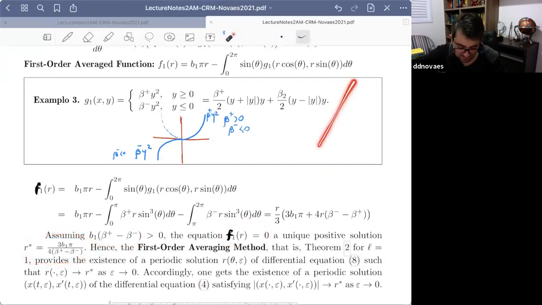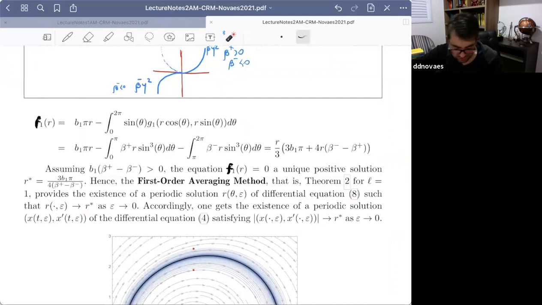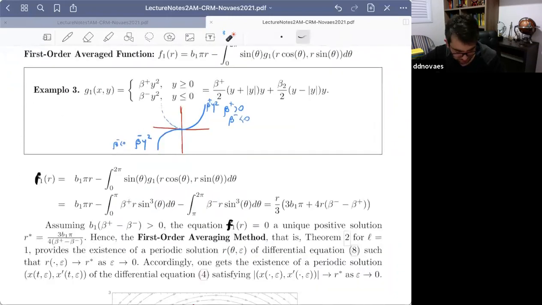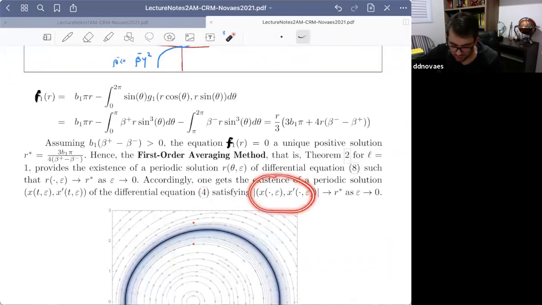So in this case, with less regularity, the first order averaging method, that is now theorem 2 for L equal 1, provides the existence of a periodic solution converging to R star as epsilon goes to 0. And going back through the change of coordinates, we obtain the existence of a periodic solution of the initial second order difference equation, such that the norm of this periodic solution converges to R star as epsilon goes to 0.